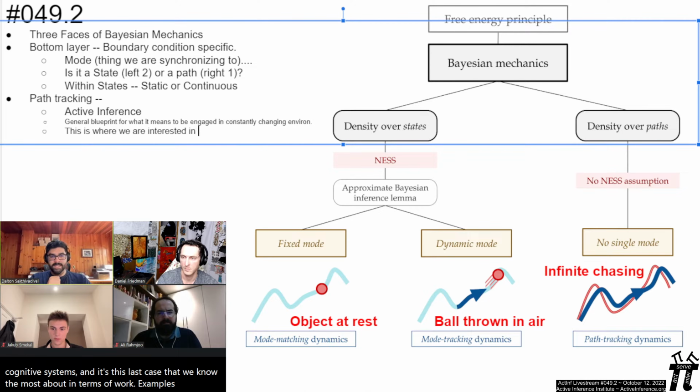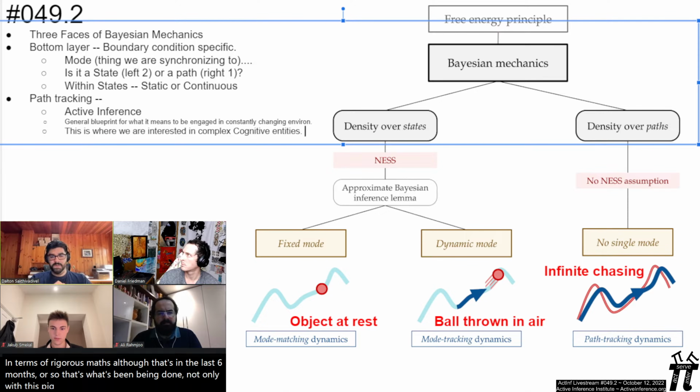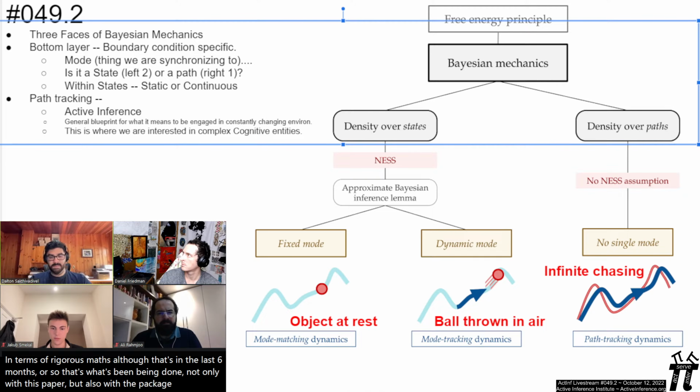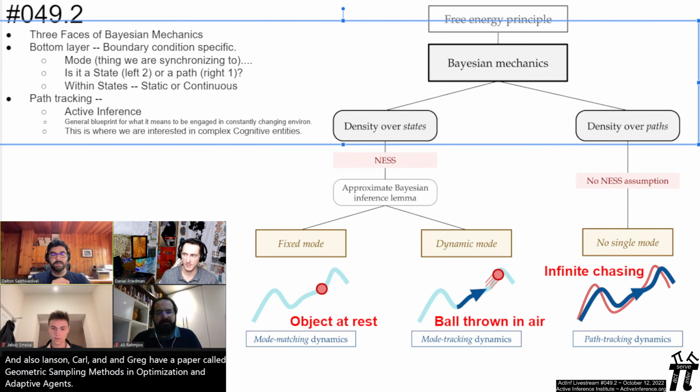It's the case that hasn't been really worked out in terms of rigorous maths, although that's what's been being done in the last 6 months or so, not only with this paper, but also with the path integrals paper that's about to come out, and the free energy principle made simpler, but not too simple. And also Lance and Carl and Greg have a paper called Geometric Sampling Methods in Optimization and Adaptive Agents, where this is also talked about.